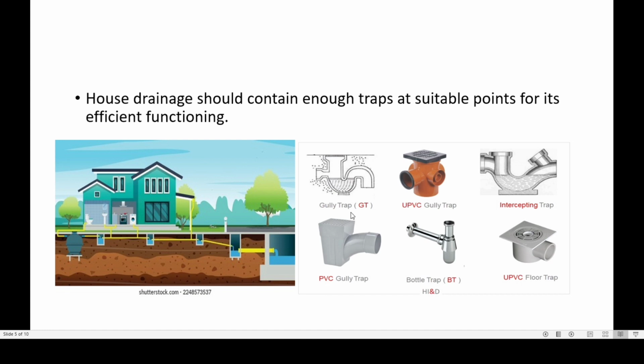Then the solid waste from the toilet is connected directly to the manhole, since it has this type of garret trap.